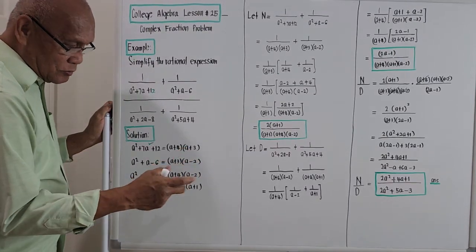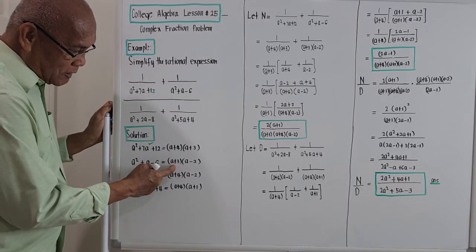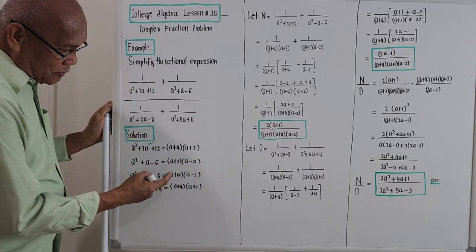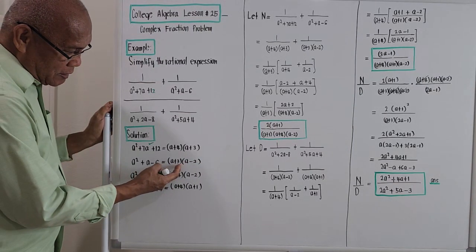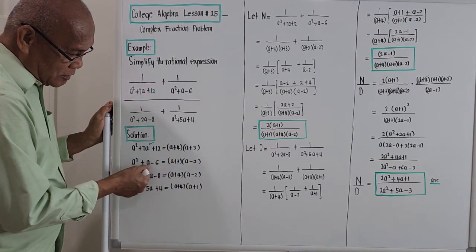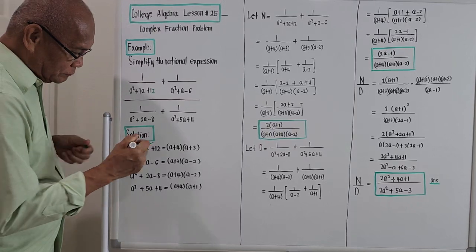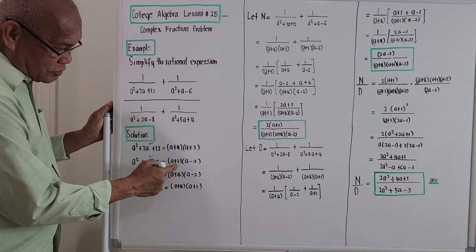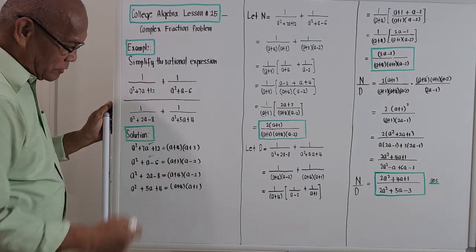Let's place the 3 to be plus and the 2 to be minus. Let's check the middle term: 3a minus 2a will be plus a. It's correct. So the 3 here should be plus and the 2 here should be minus.